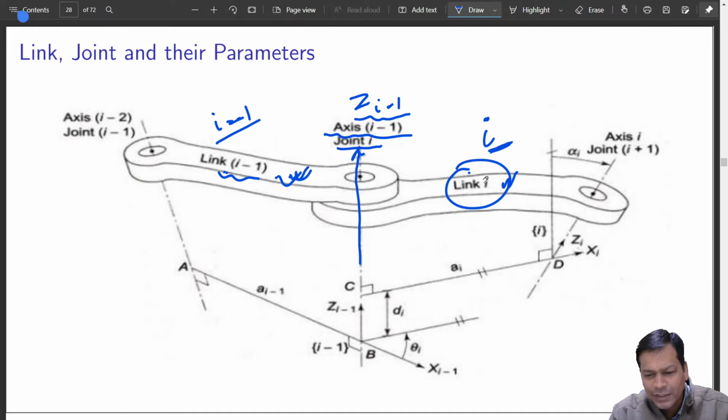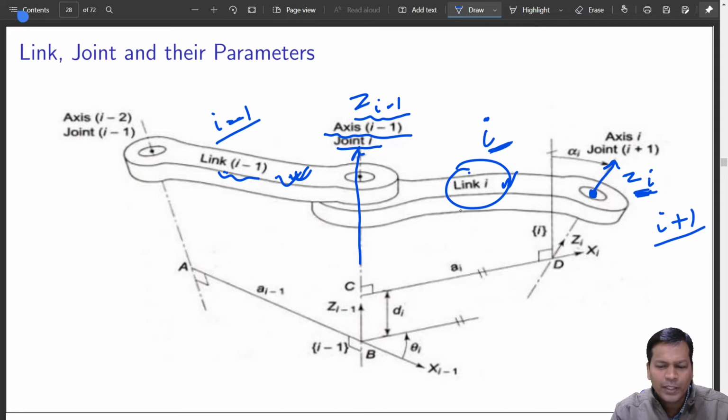And this link itself will end with the axis which is called Z i. So this will form the axis of rotation for the (i plus 1)th joint. Forget this, so at least you have reached till here. Talk about just link i. So now what are the things which are there? There are 4 parameters.